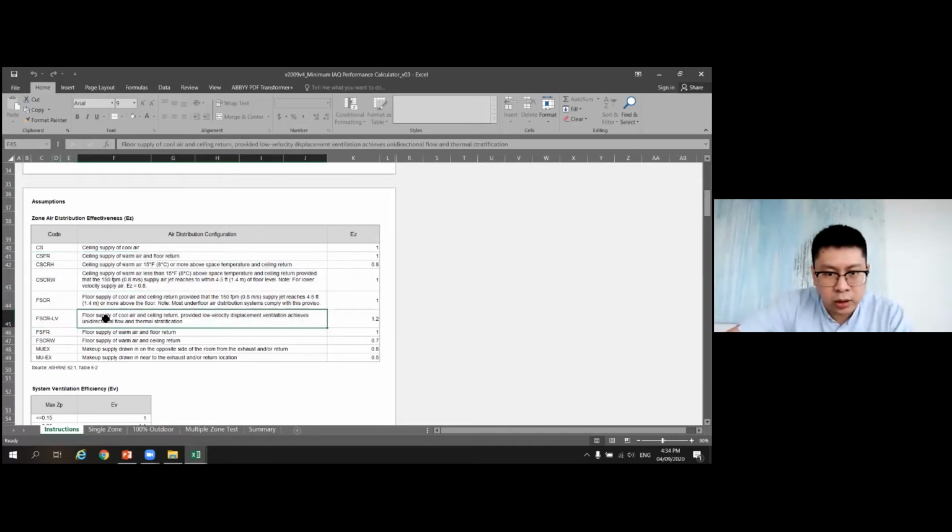The other one is usually the number 1. The higher the better. The only one they allow is 1.2, which is floor supply of cool air and ceiling return, the low velocity displacement ventilation. This one is kind of rare. We don't have much of this kind of system. In this case, we go for CS, ceiling supply of cool air.